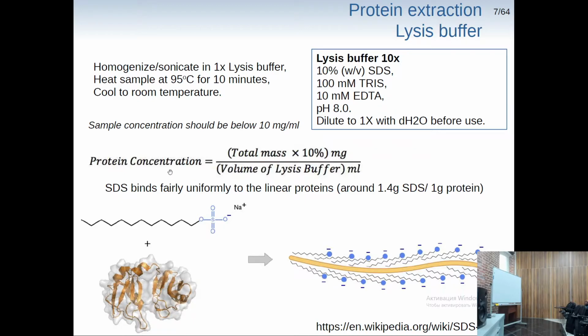We can calculate probable protein concentration by using this formula. We have total mass in milligrams, and this 10% is actually the weight of proteins, and the volume of lysis buffer. And so we can get some protein concentration in our lysis buffer, and it should be below 10 milligrams per milliliter. So you can actually calculate the volume of buffer you need to solubilize and actually work with your sample.